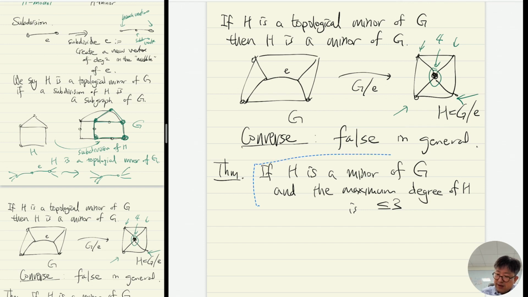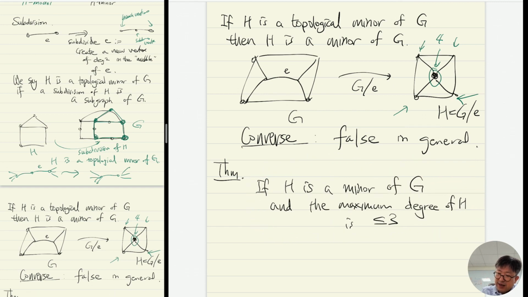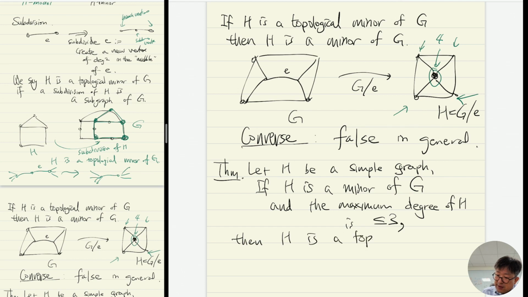Okay, let's simplify. How do we simplify? Well, let's say H is simple. Let H be a simple graph. If H is a minor of G and the maximum degree of H is at most 3, then H is a topological minor of G.